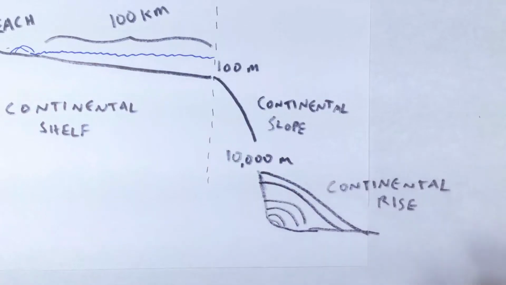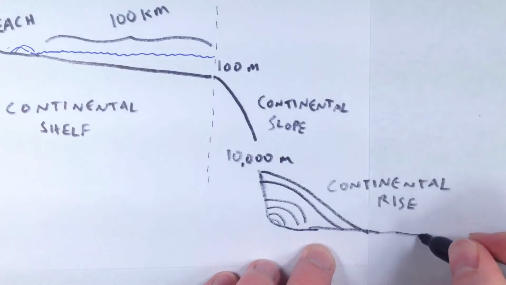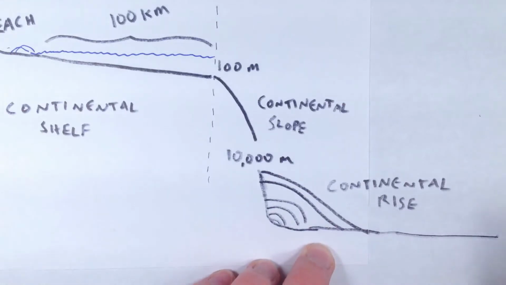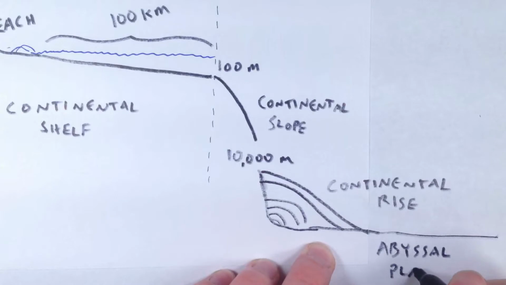And below here, past the Continental Rise, we've got the flattest, widest, largest place on the planet, the Abyssal Plains.